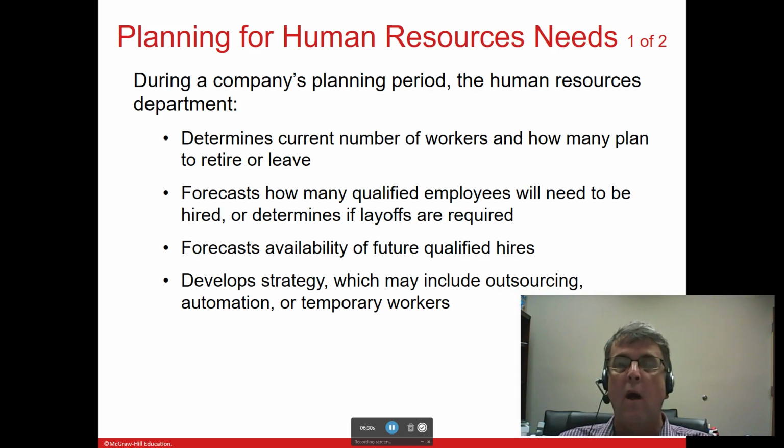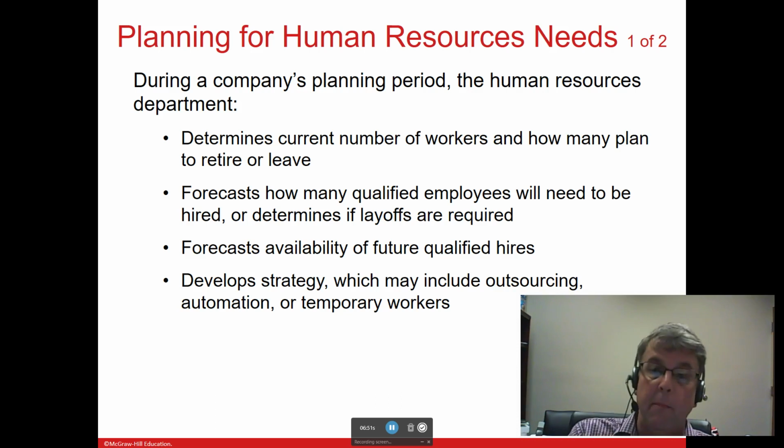Forecast how many qualified employees will need to be hired or determines if layoffs are required. If you've ever worked for a business and someone left unexpectedly, that puts a huge hole in the firm that has to be made up for by other people in the business.